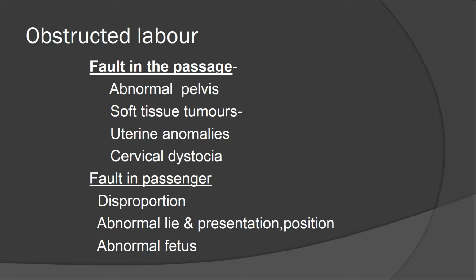It can be an abnormal fetus also, like in hydrocephalus or a fetus with ascites, or there can be soft tissue tumors of the fetus, like hygroma or sacrococcygeal teratoma, or it can be monstrous like a conjoined twin. All these can cause obstructed labor.